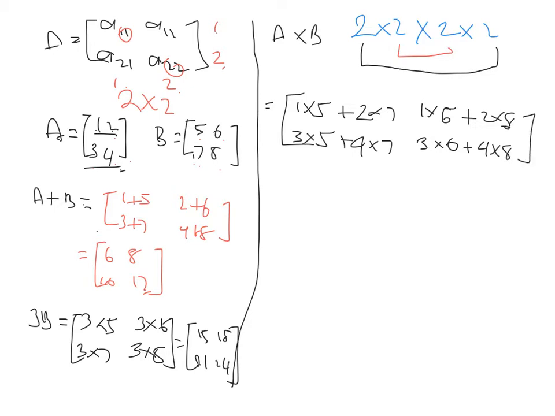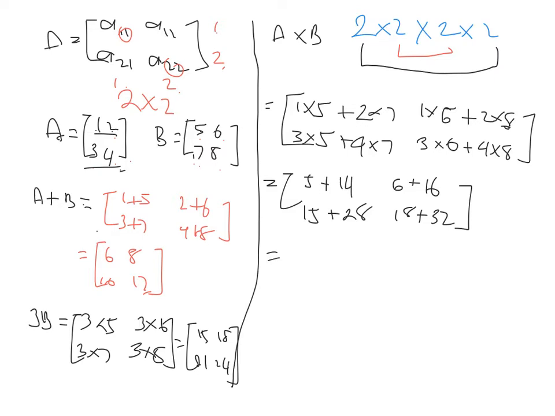And then we add these together. So we end up with 1 times 5 is 5, plus 2 times 7, which is 14. 1 times 6, which is 6, plus 2 times 8, which is 16. 3 times 5, which is 15, plus 4 times 7, which is 28. And we've got 3 times 6, which is 18, plus 4 times 8, which is 32.